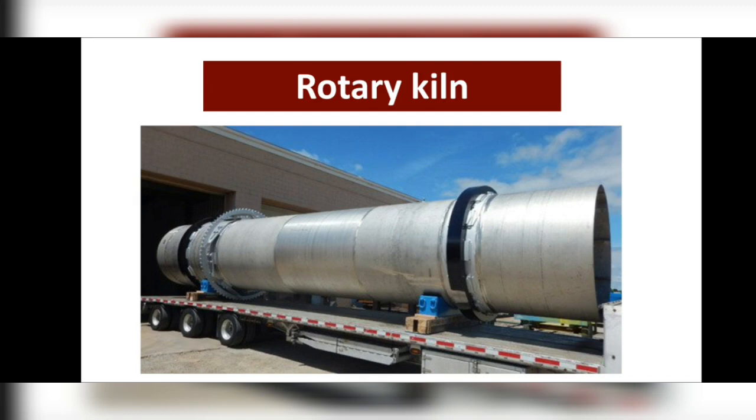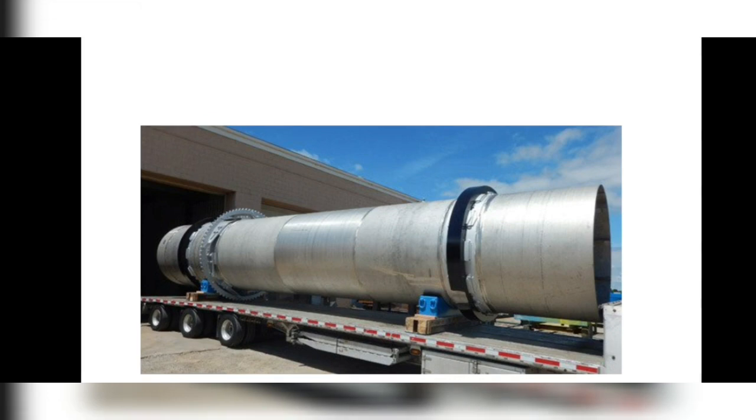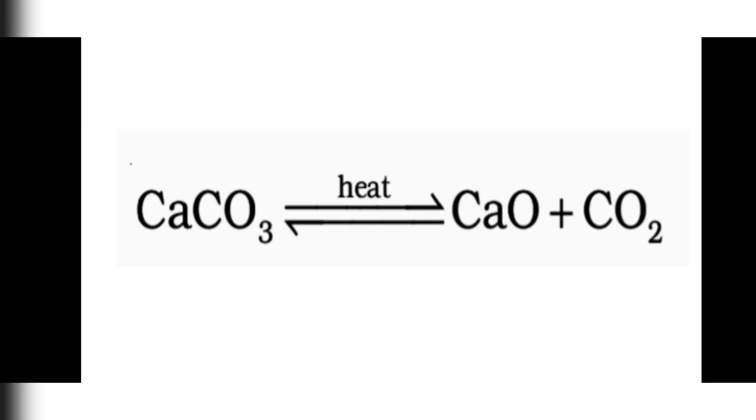This is the image of a rotary kiln, in which the limestone is heated. This is the equation: calcium carbonate CaCO3, that is limestone, when heated, gives calcium oxide, that is quicklime, plus carbon dioxide. So this is the preparation of calcium oxide.